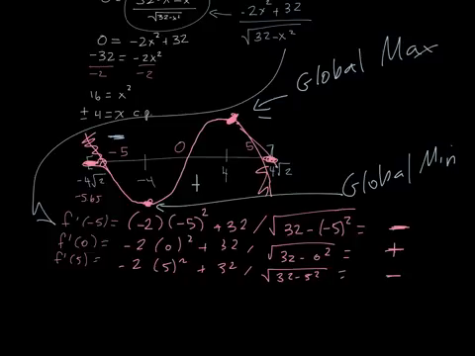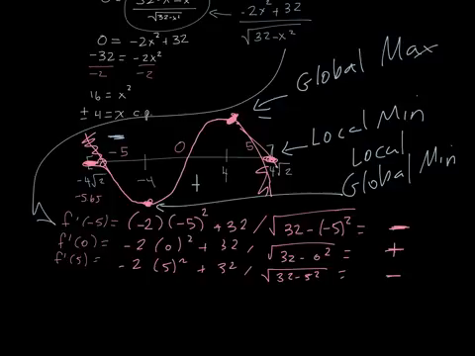But I also have these local ones as well. Depending on if I'm looking within a particular interval, this function's going to have a local minimum at the -4, and also at this value right here, so that would be a local min, and this would be a local min.